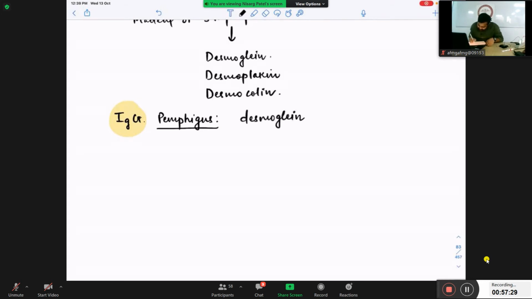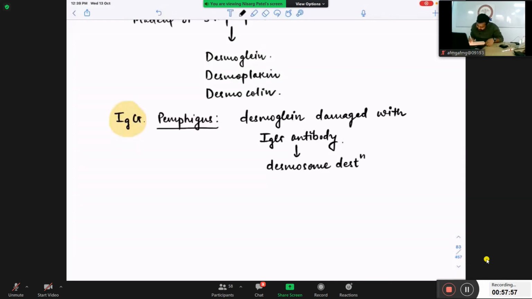Desmoglein is damaged with IgG antibody. So my IgG antibody will destroy this desmoglein protein, which will lead to desmosome destruction. And if this destruction occurs, the patient will develop blisters.